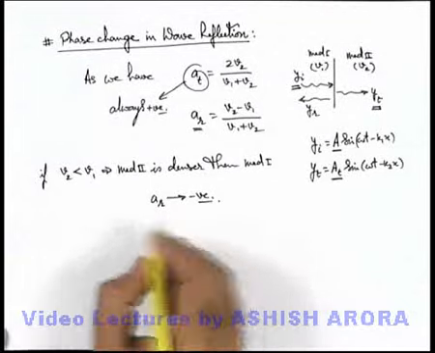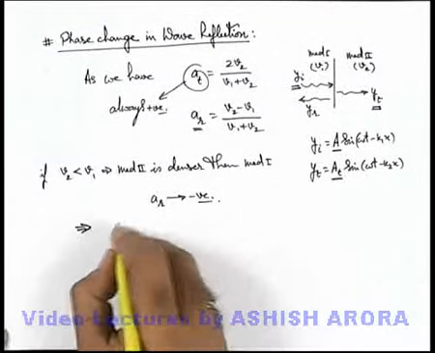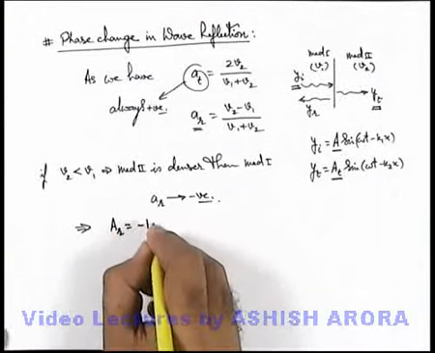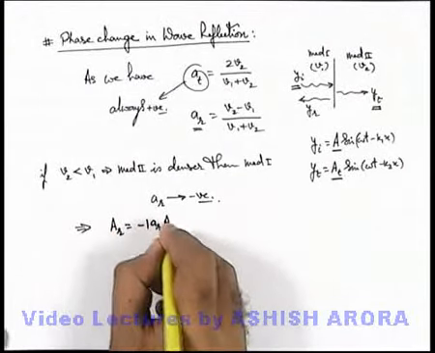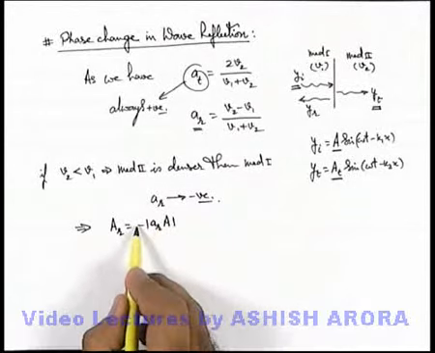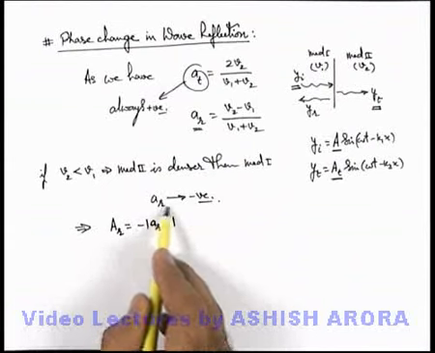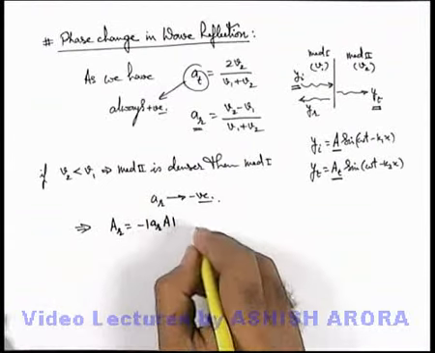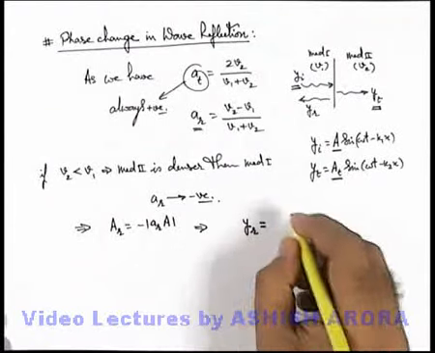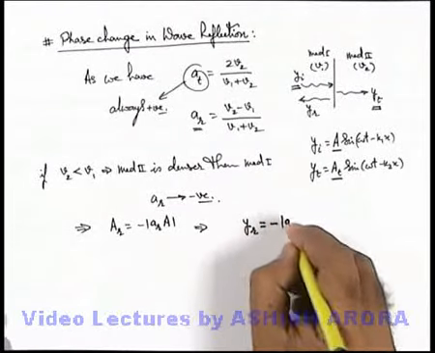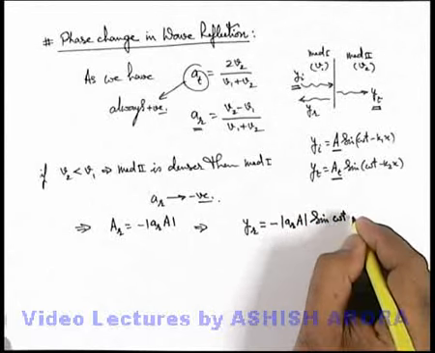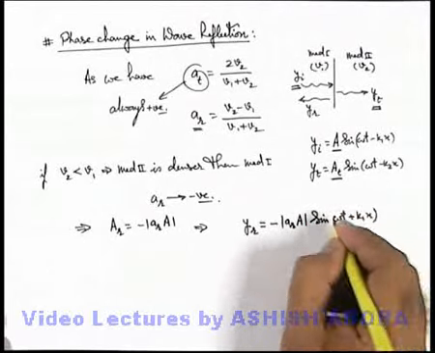I've taken the mod because the reflection coefficient is negative, so the reflected wave can be written as negative of the magnitude of Ar times sine of omega t plus k1x.